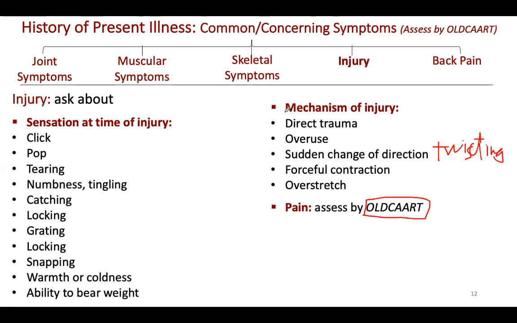Let me talk a little bit more about the mechanism of injury. A famous mechanism of injury is fall on an outstretched hand, like when you are about to fall or as you're falling forward, you try to protect your face by stretching your hand, and when the palm of your hand hits the ground, this mechanism of injury can result in one of three famous fractures.